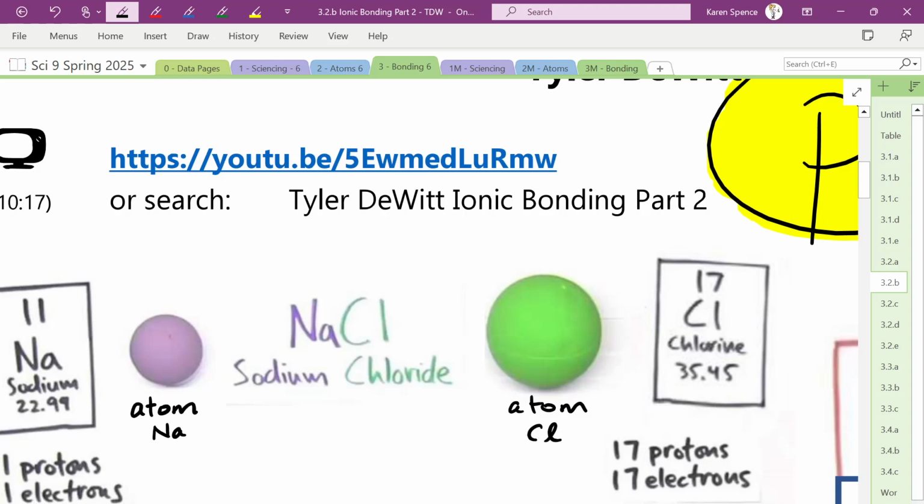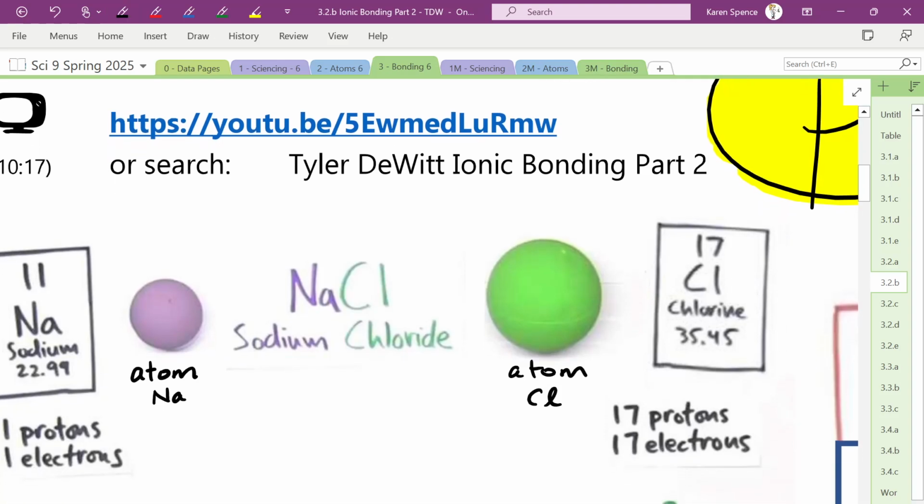So an atom of sodium and an atom of chlorine. What type of element is sodium? It is a metal, yes. And chlorine is what type of element? It's a nonmetal.